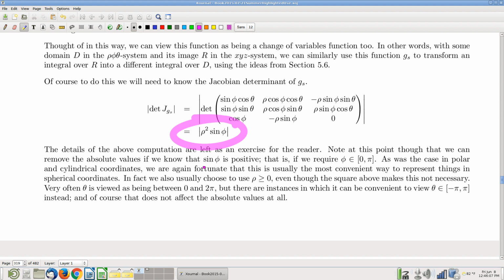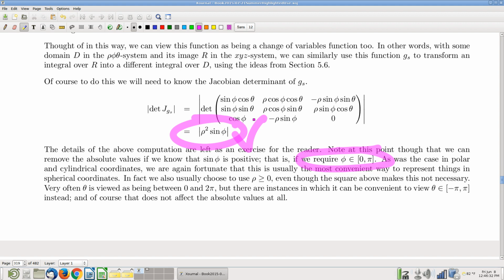Those are the intuitive, most satisfying values to choose for phi. And good news, when phi is between 0 and pi, sine phi is never negative. So, yet again, good news. Just always make the most convenient choices possible about your spherical coordinates and your stretching factor.